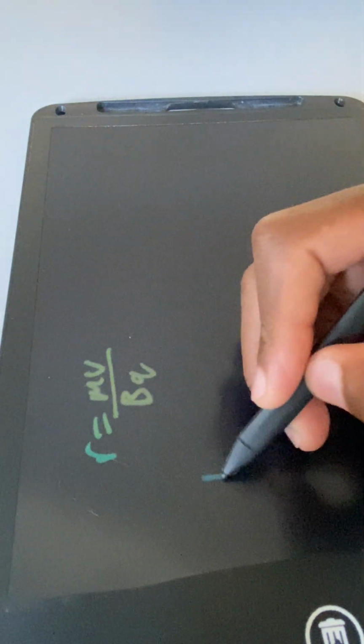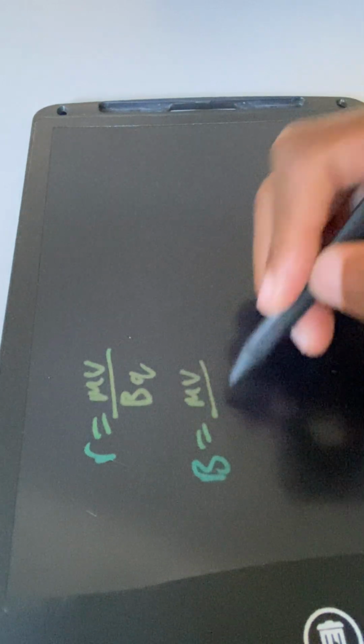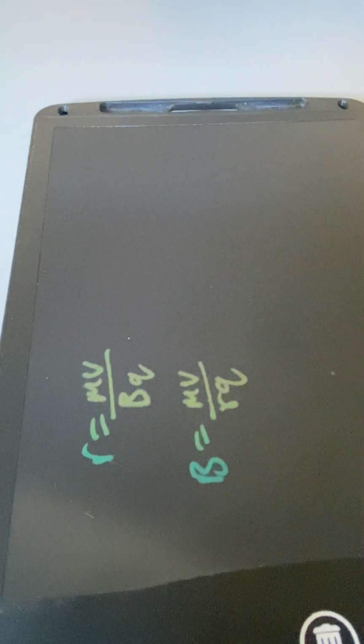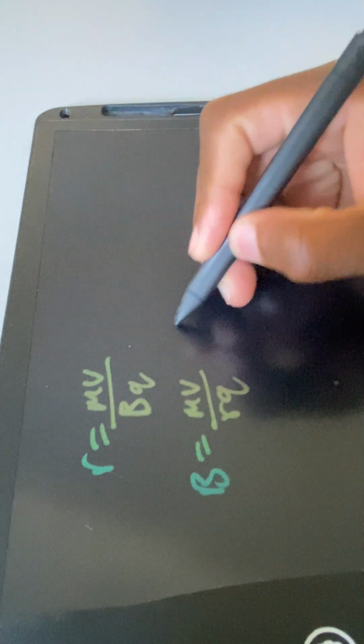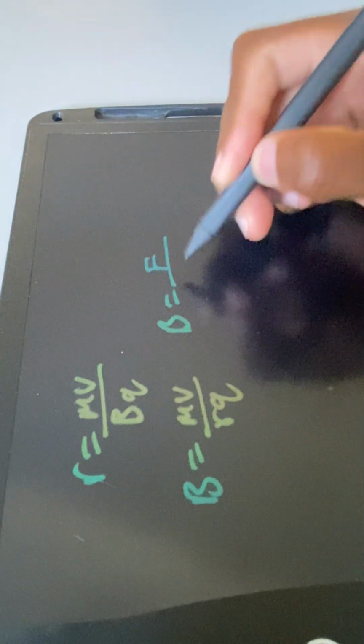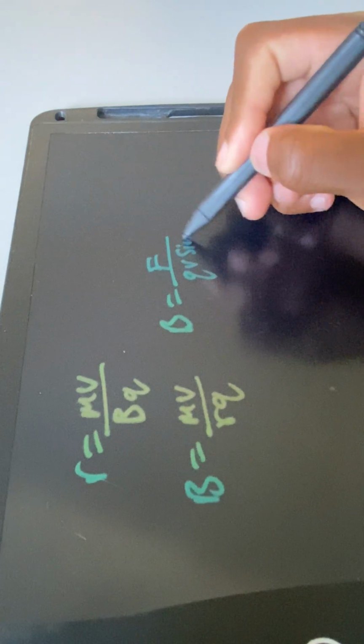So we can also find the magnetic field intensity using this equation, which is going to be mv over rq. So you should pay attention to the questions that you're asked, because remember, you can also find the magnetic field intensity B is equal to F over QV sine theta.